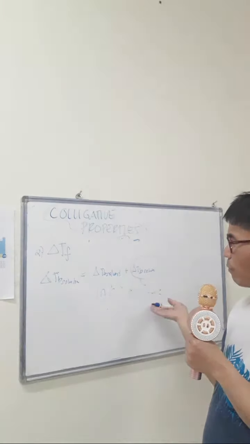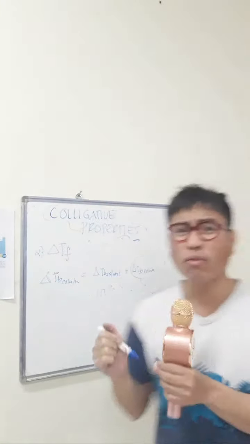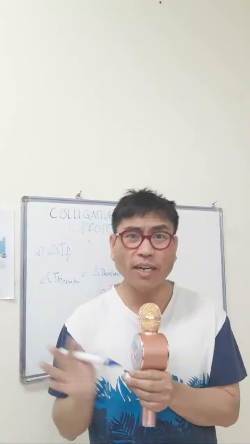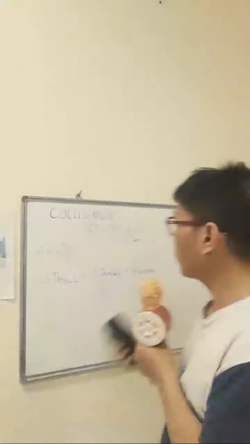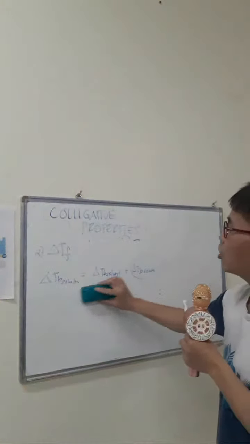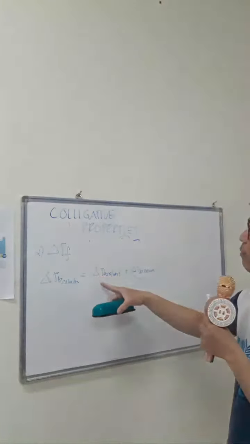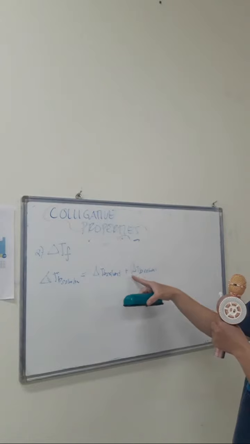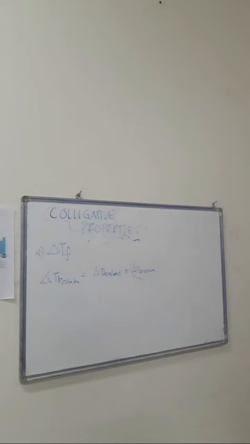If the problem gives the boiling point of the solution, you can also get the boiling point elevation by playing around with the math if you have the values, because it is purely addition. Boiling point of solution is equal to the boiling point of solvent plus the boiling point elevation. So the boiling point elevation is equal to the boiling point of the solution minus the boiling point of the solvent.